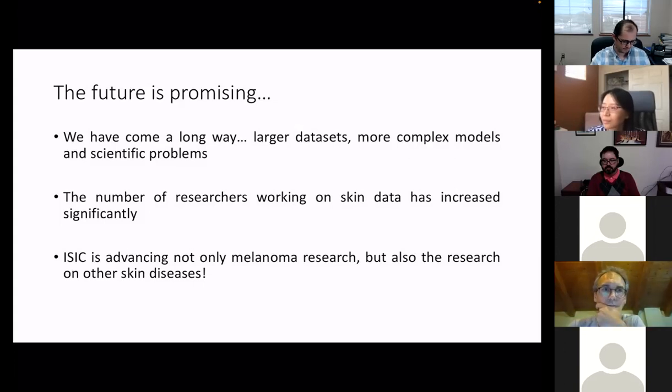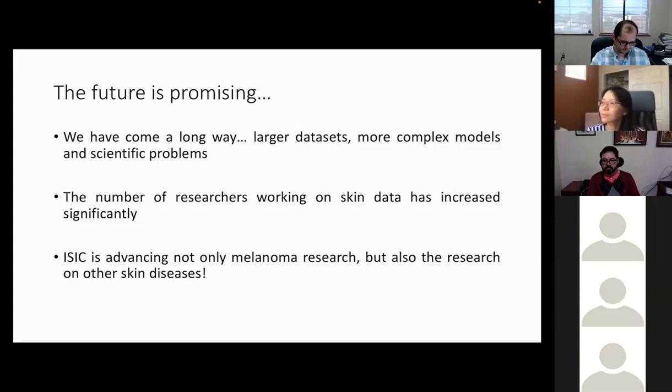I believe that we are also moving in the direction of new kinds of data. Clinical images are becoming more important. Total body photography wasn't something that we thought about five or six years ago as much as we are doing now, and even pathology images. So this will be really interesting in the next couple of years. Another thing that I'm really happy to see is the number of researchers working on this topic increasing and increasing, and it's very good to see some new faces at the workshop, as well as some old faces that we have become used to seeing and supporting our workshop.